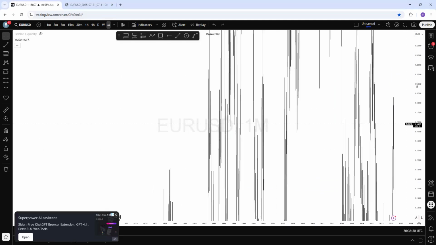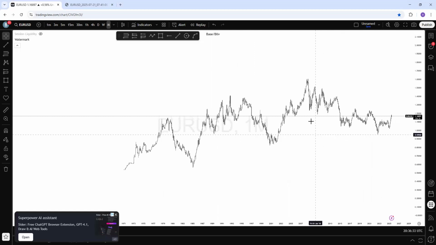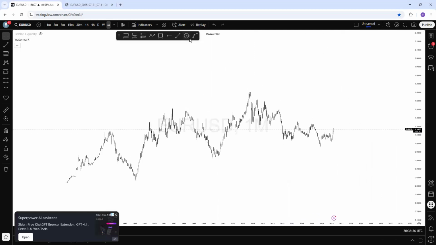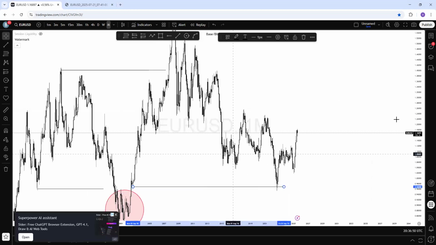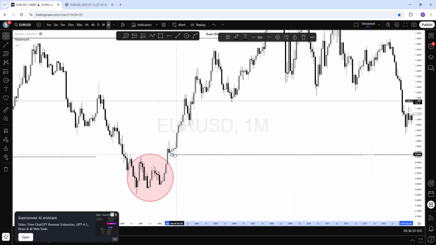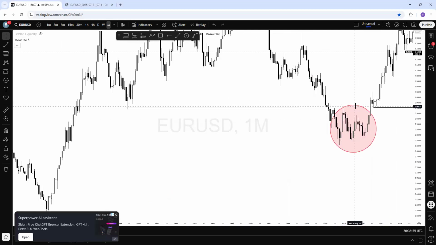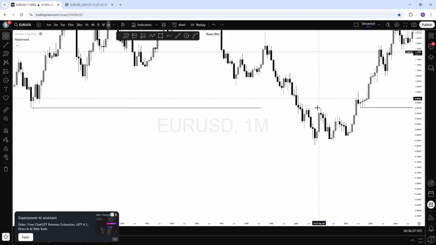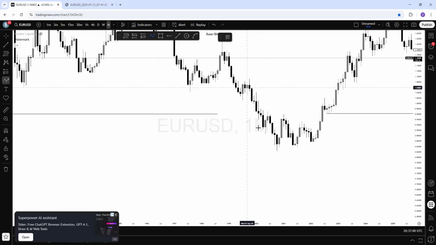Let me delete everything here. Now, from the monthly time frame, what can you observe? This point is protected because it took out all this liquidity, and then market broke structure. Then we have another pullback here. We have a low, a high, a low, a high, a low.